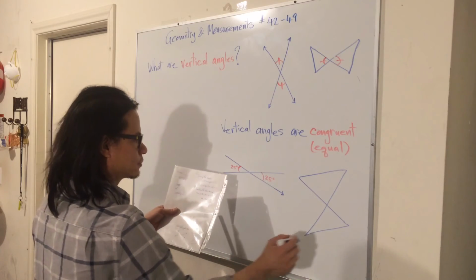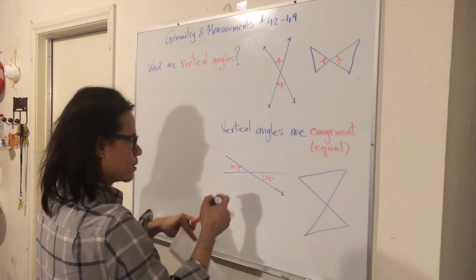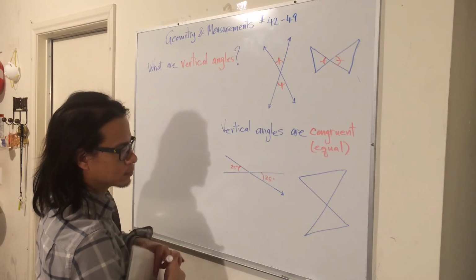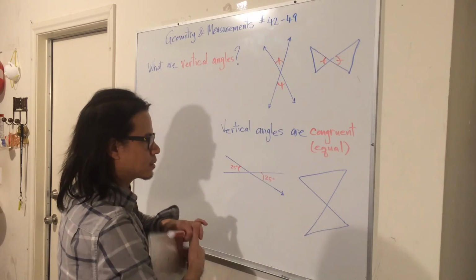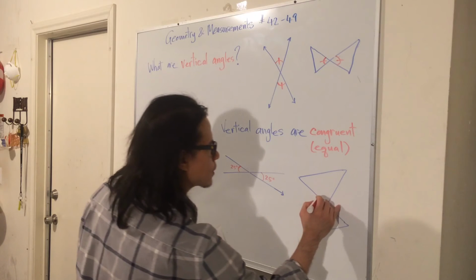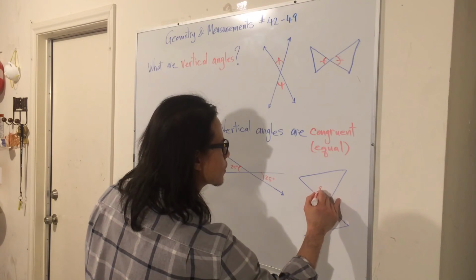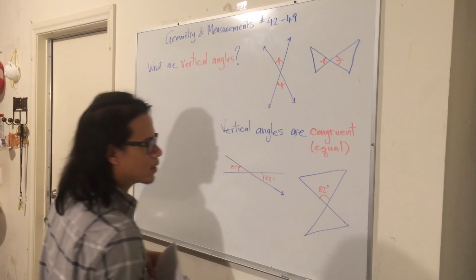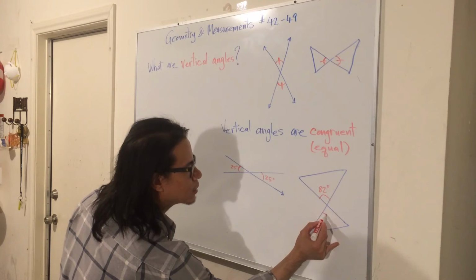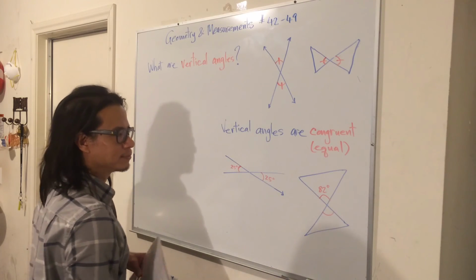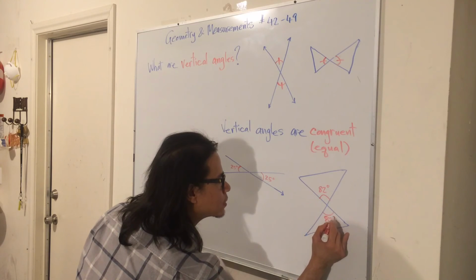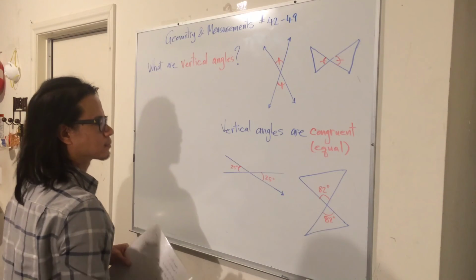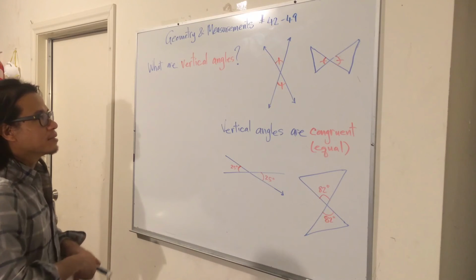So let's say this is 82 degrees. What would be the measure of this angle here? You're right. This is also 82 degrees. That's all, folks.